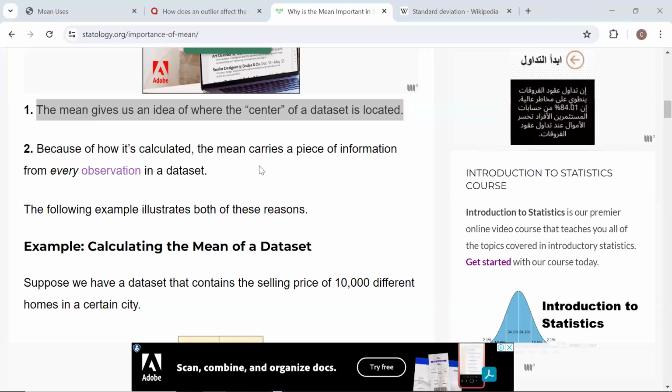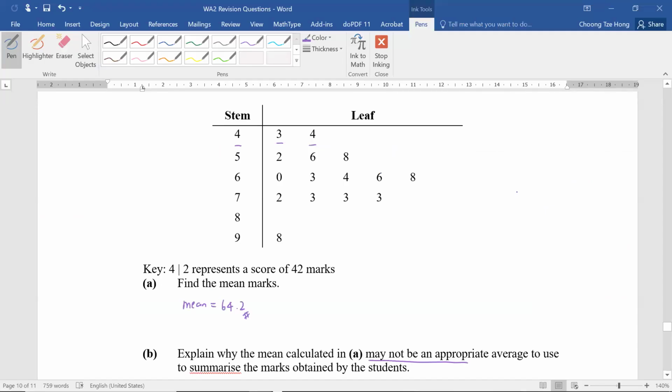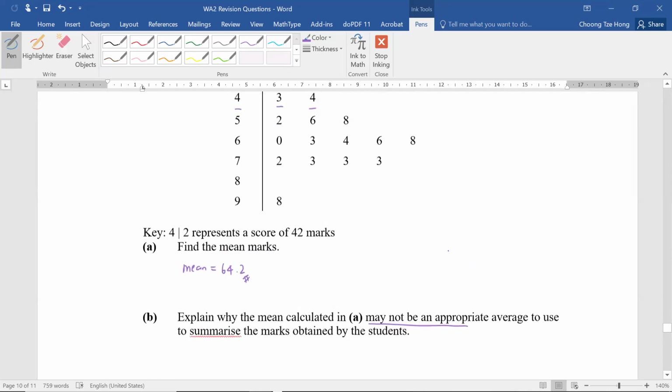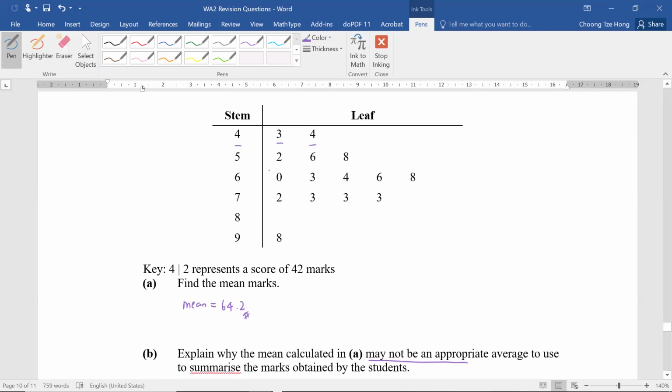So let's go back to this question. They asked us to explain why the mean calculated in part A may not be an appropriate average to use. As you can see over here, there is indeed an outlier value of 98.